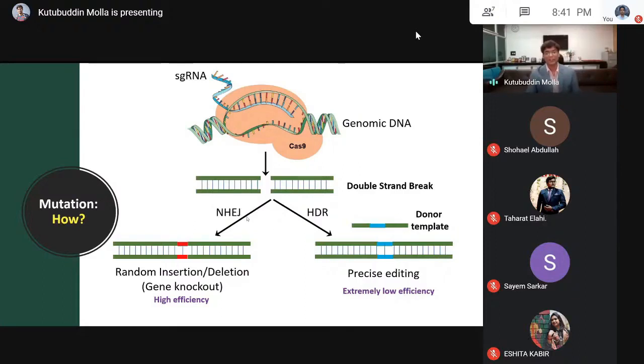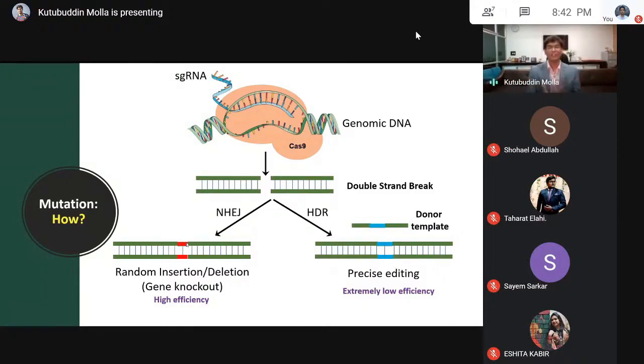Whenever there is a cut, the cell tries to repair it completely error-free, but repeated binding and repeated cutting by Cas9 makes it erroneous. As an error, it inserts some random bases or deletes some random bases. Due to these extra bases added or deleted, the whole reading frame of the DNA gets disrupted.